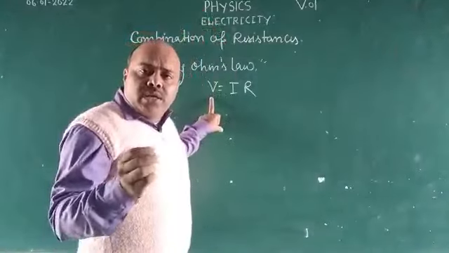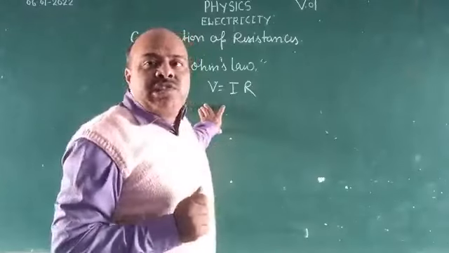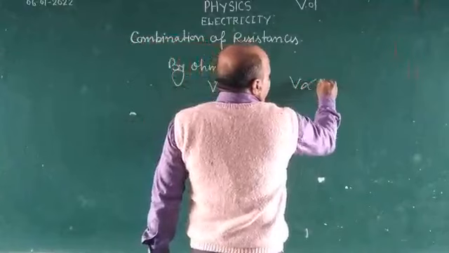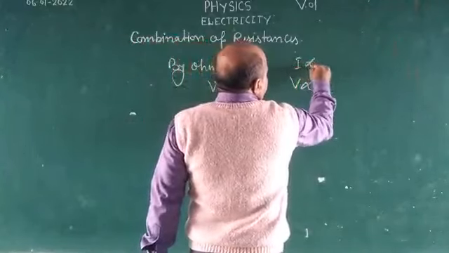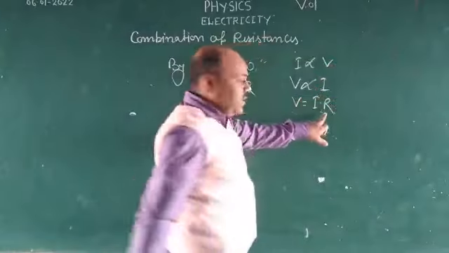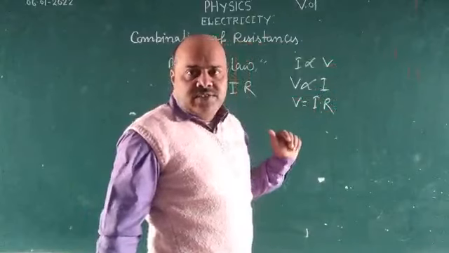According to Ohm's law, the amount of current flowing through a conductor is directly proportional to the potential difference. Like this, V is proportional to I, and you can say that I is proportional to V. Now V is equal to I into R. This R is the proportionality constant, and it is known as resistance.